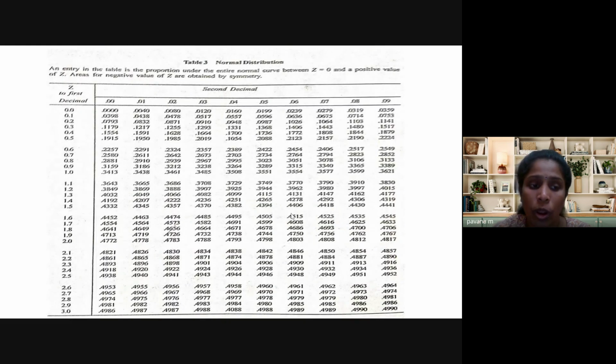So first go to that particular table and get the 1.64 value. Z is equal to 1.64: 1.6 and 0.04, you will get the value 0.4495.